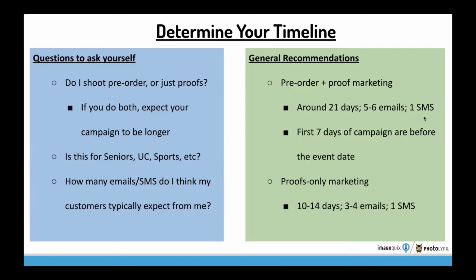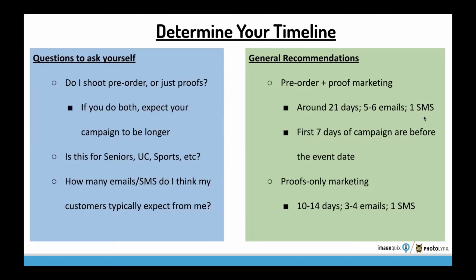So just some general recommendations that we make. If you're doing pre-order and proof marketing, we typically recommend your campaign to run around 21 days, include 5 to 6 emails and 1 SMS. We do have the capability to text your customers. However, we like to note that tolerance for emails like this is pretty high.